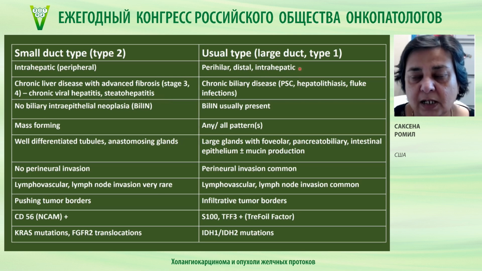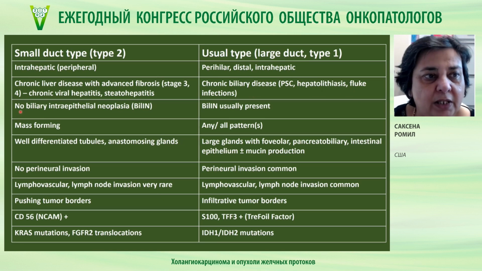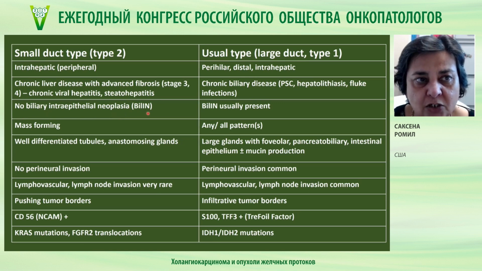The large duct type occurs with chronic biliary diseases, such as primary sclerosing cholangitis, hepatolithiasis, or fluke infections. There is no biliary intraepithelial neoplasia association with the small duct type, but BilIN is usually present, and it is a precursor lesion of the large duct type of cholangiocarcinoma.